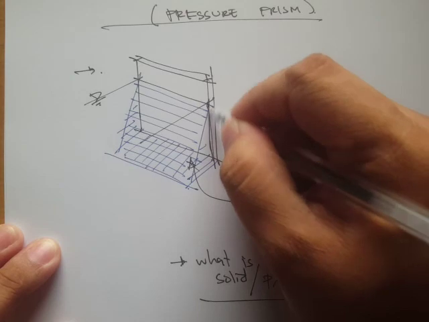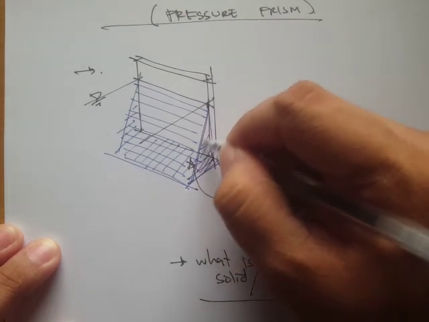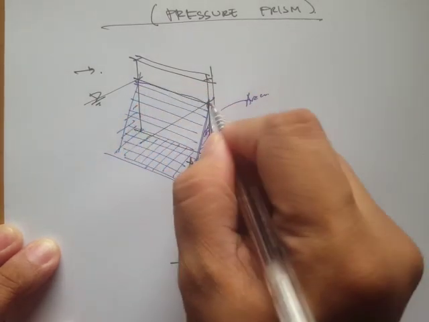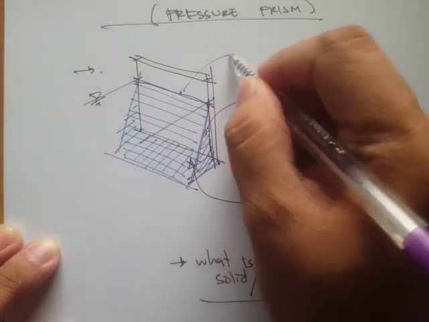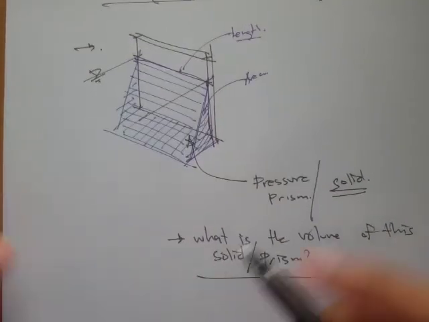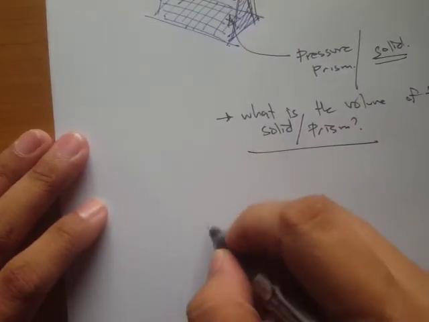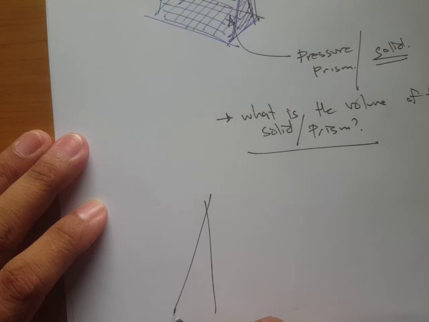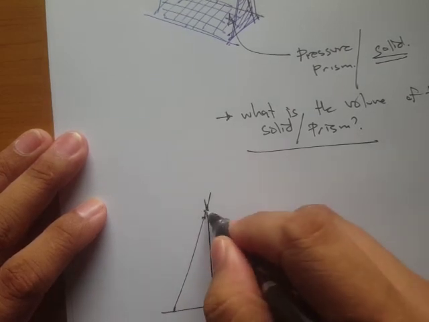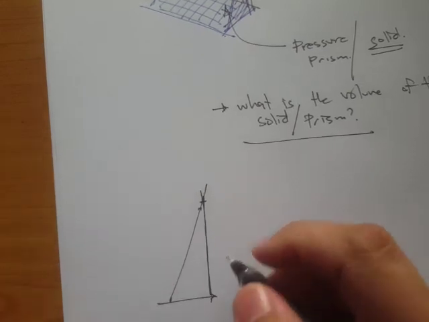So we have this area right here, and that's the area times the length here. Okay, so if we draw it here, this line right here, this one is the h.